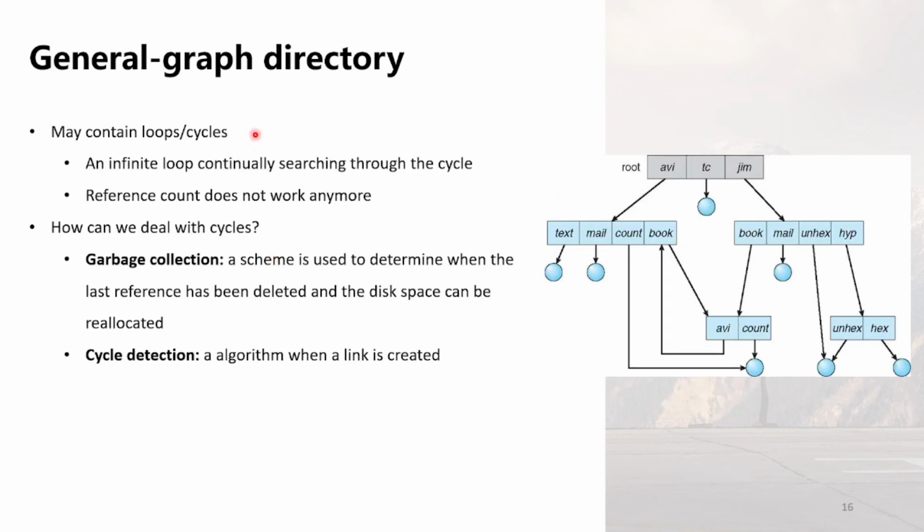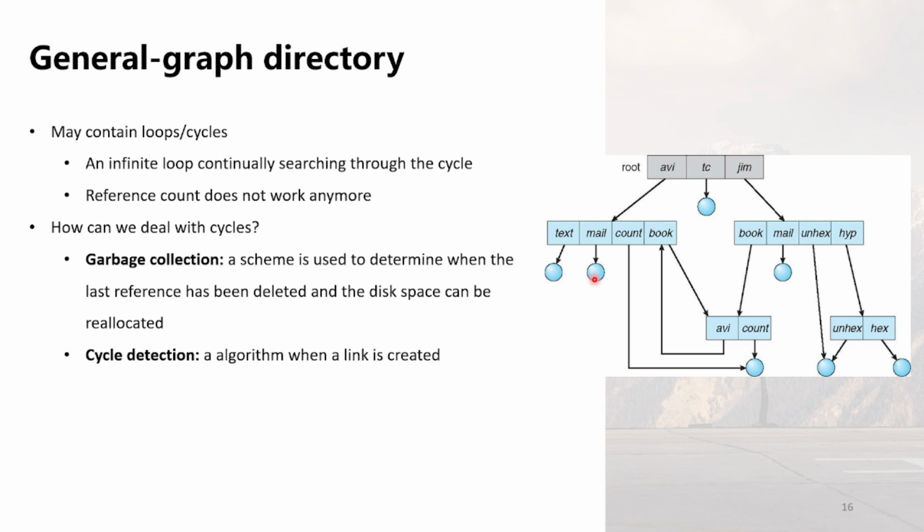Here, we are going to introduce a more complex directory structure known as the General Graph Directory. Unlike the tree and acyclic graph directories we have studied, the General Graph Directory can contain loops or cycles.